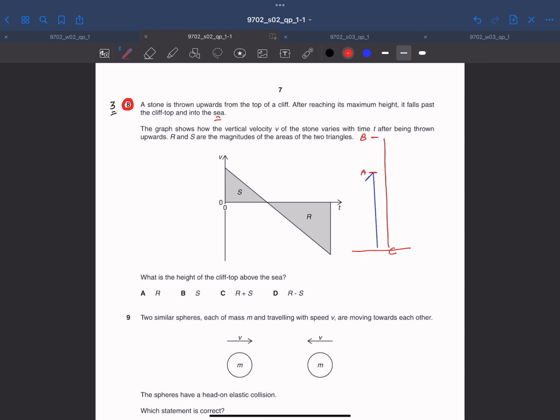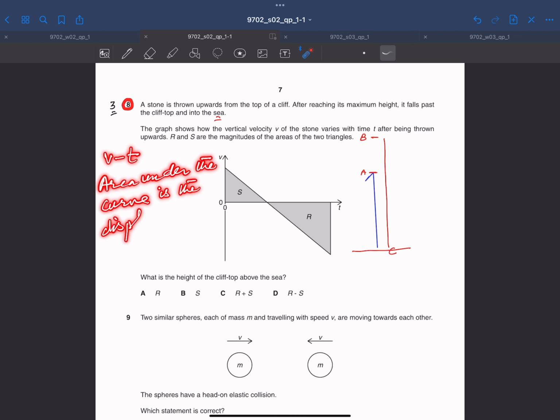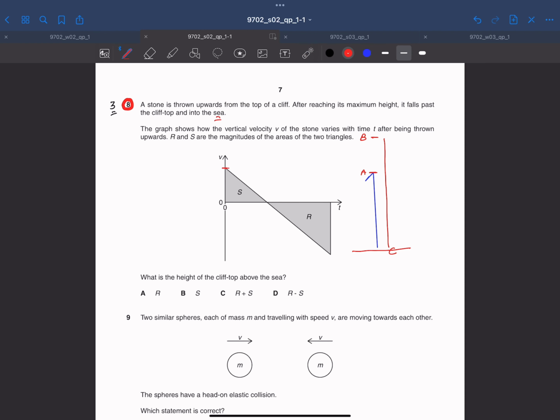This is very important: when we are considering the velocity-time graph, the area under the curve is the displacement. This is the main point you have to remember here. It means that when we are throwing something, this is the point from where we are throwing.